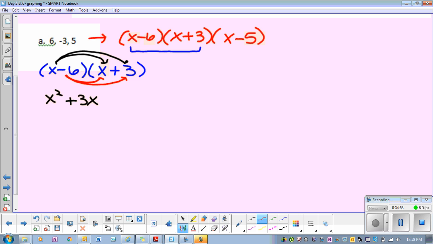What's negative 6 times x? And what's negative 6 times 3? Negative 18. And then the two in the middle you can combine, they're like terms. So you have x squared minus 3x minus 18.